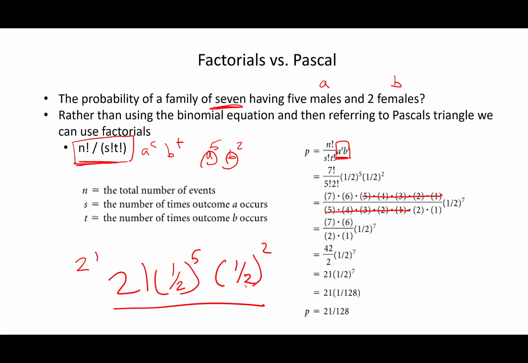Now, because these are the exact same, we can combine these together. We can add the exponents, so it's actually 21 times 1/2 to the 7th. When we do that, what we actually get is this probability: 21 divided by 128. That's the probability that if you have a family with 7 children, 5 will be male and 2 will be female.